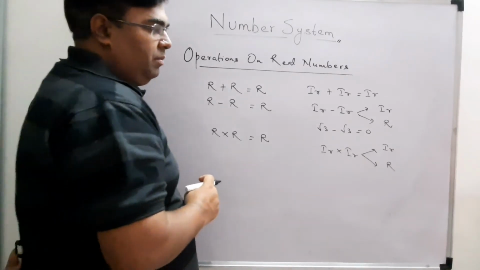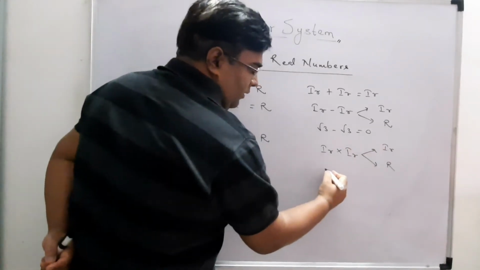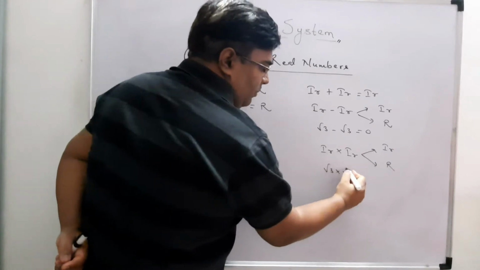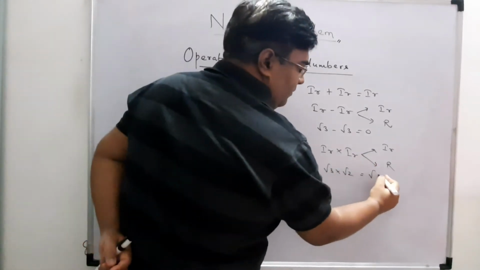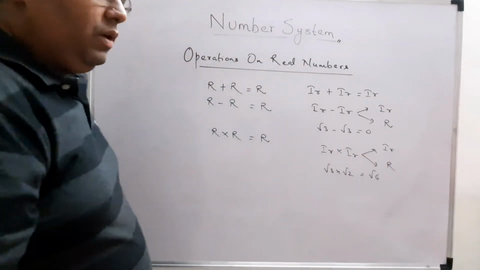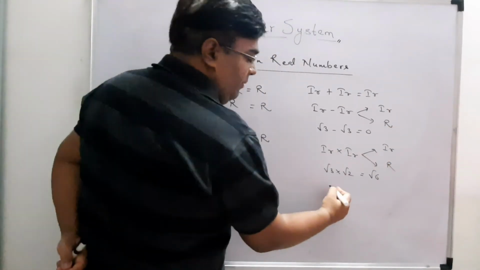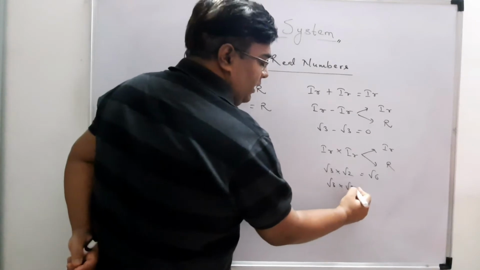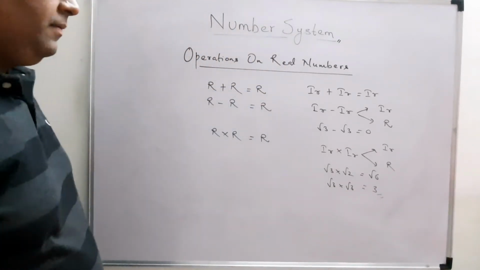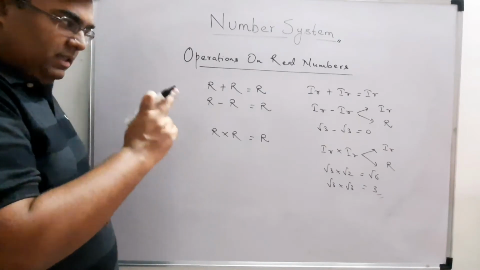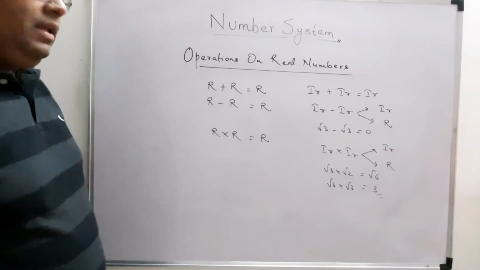I will tell you the example of both. For example, if you multiply two different irrational numbers, you will get an irrational only. But if you multiply the same, then you will get rational. Understand this?